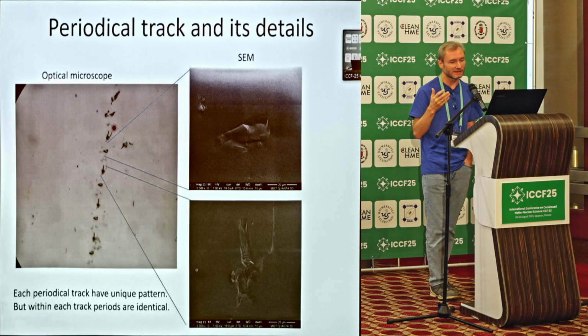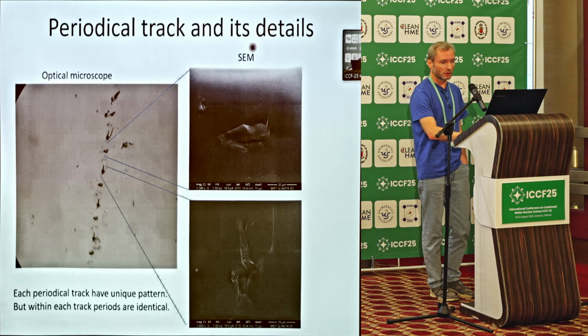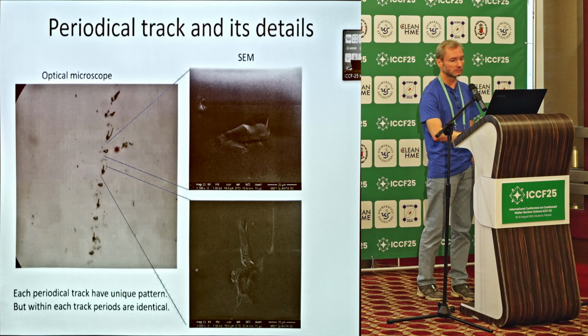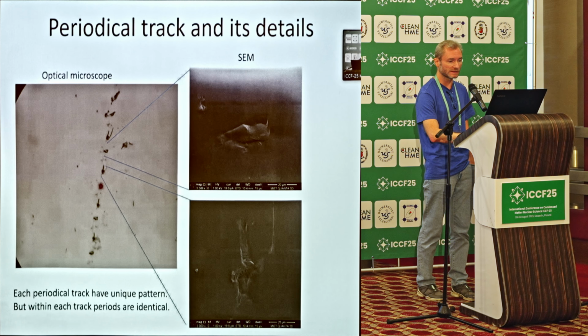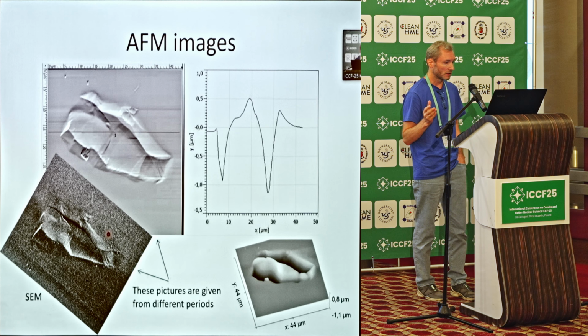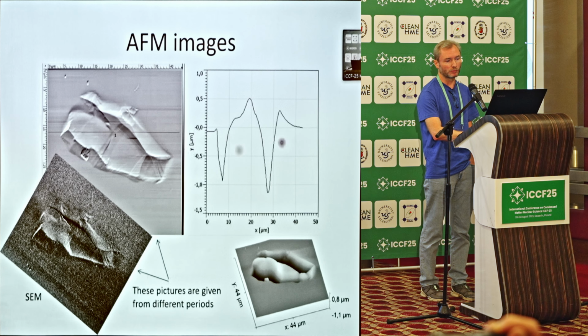The pattern is identical through the periods. You can see the same images, so this detail is identical to this detail, and this detail is identical to this, and so on. Atomic force images, you can see some profiles.